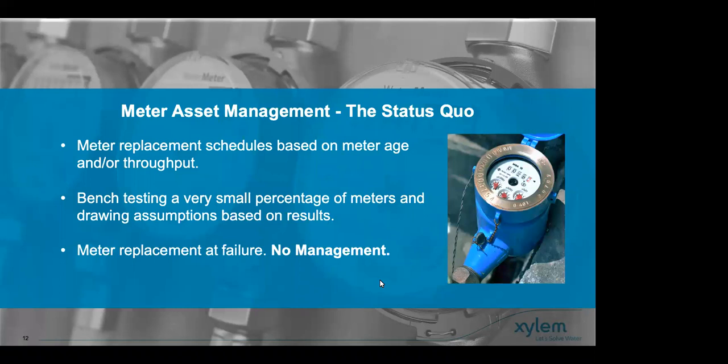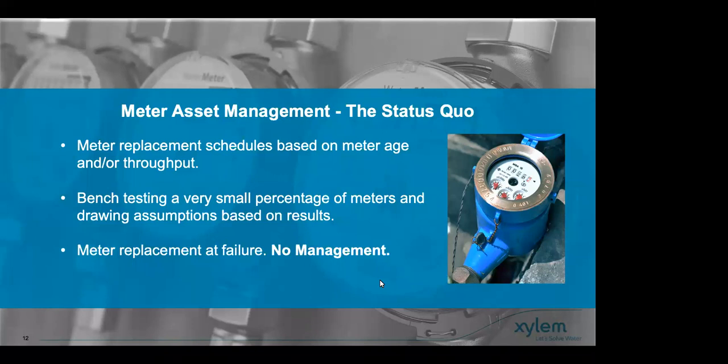Utilities normally have one of 3 clearly defined methods by which they replace meters. The most common one is replacing the meter based purely and simply upon the age of the meter, either from the date it was bought or the date it was installed. Or once a meter has a certain volume passed through it, that meter is changed.